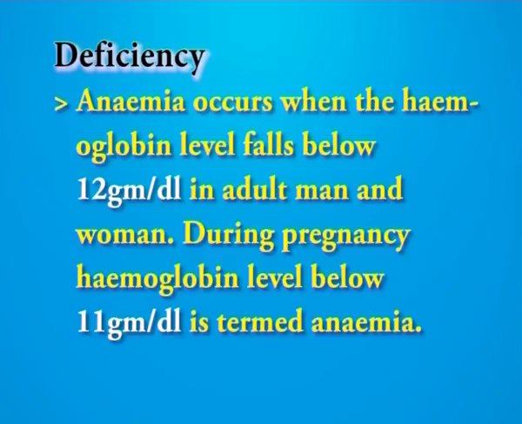Anemia occurs when the hemoglobin level falls below 12 gram per dl in adult men and women. During pregnancy, a hemoglobin level below 11 gram per dl is termed anemia. The major cause of anemia in India is iron and folic acid deficiency.